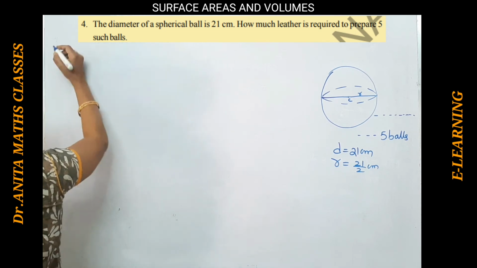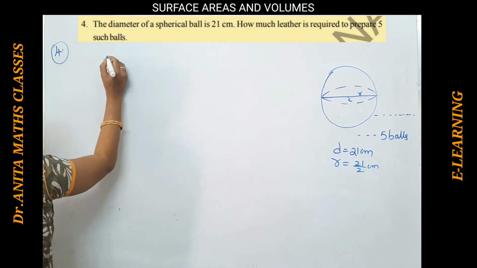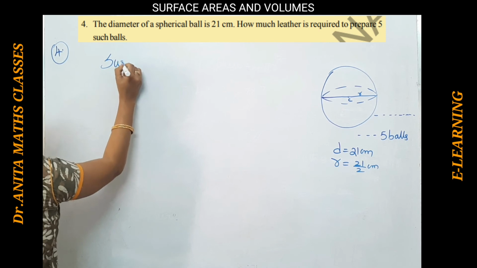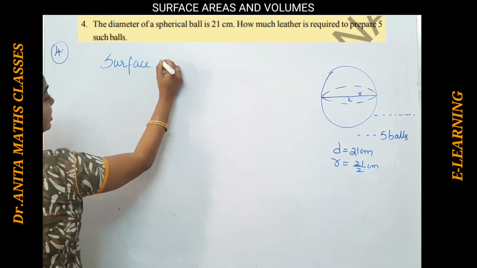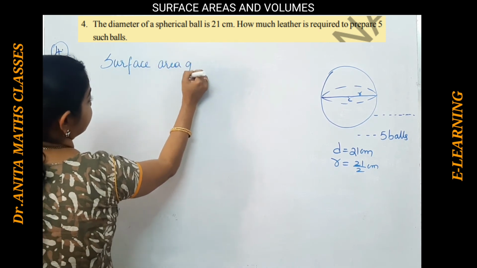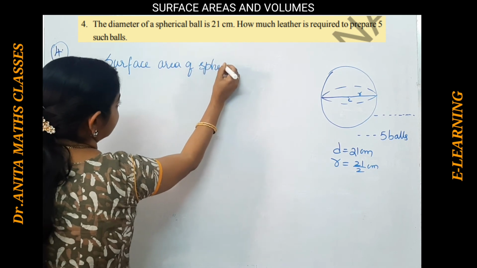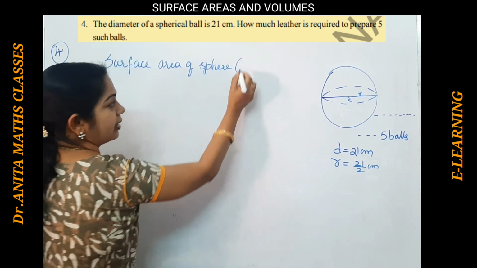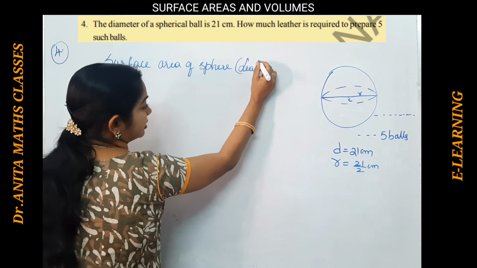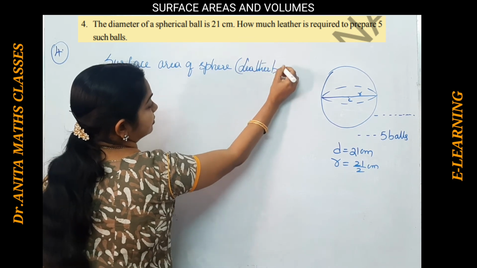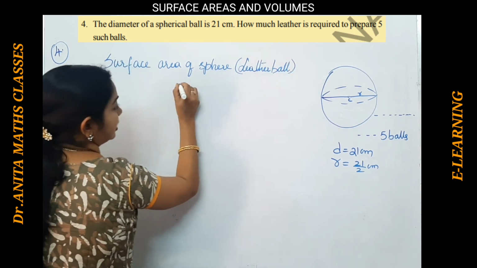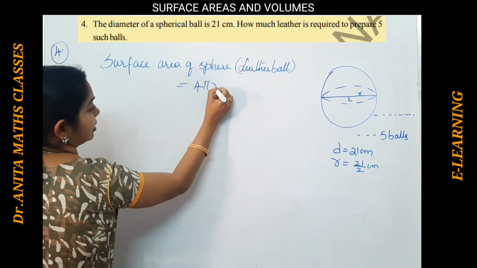So we have to find the surface area of the sphere. Here our sphere is a leather ball. Surface area of sphere equals 4 pi r square.